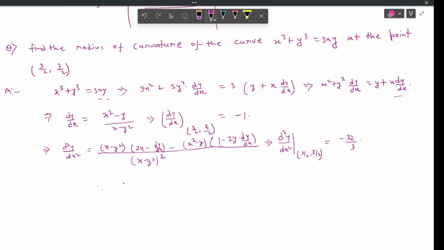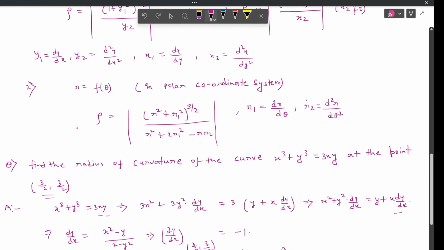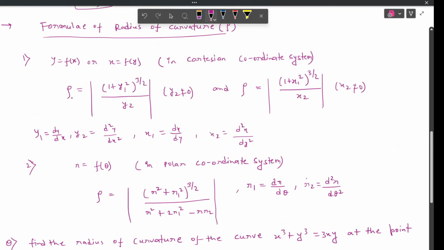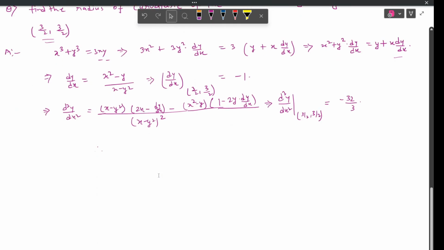So what is the formula of radius of curvature? Because it is given in Cartesian form, and we have found out dy by dx, we have to utilize this formula: radius of curvature is (1 plus y1 square) to the power 3/2 by y2.